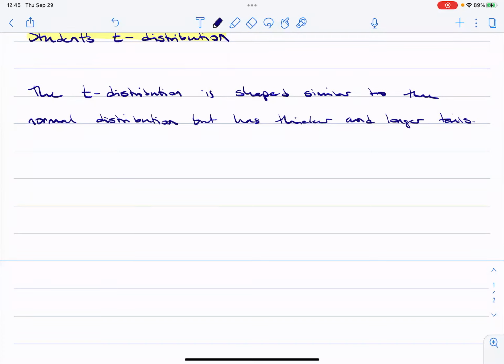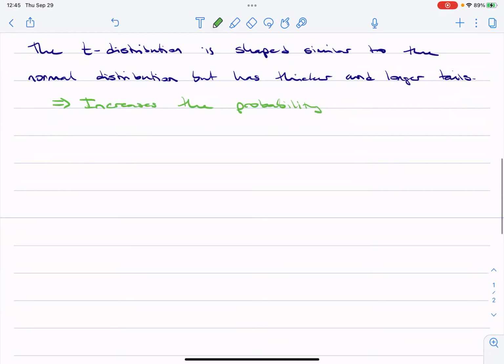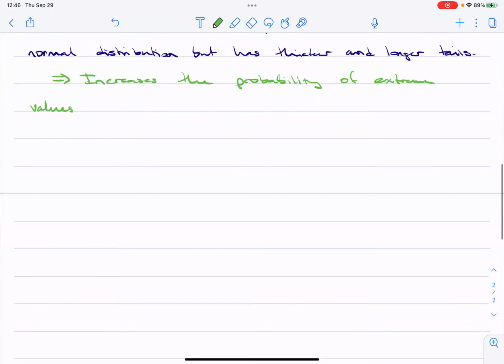Which means that really what you're doing is you're increasing the probability of these kind of extreme values, right? Which means that this increases the probability of extreme values compared to the normal distribution.